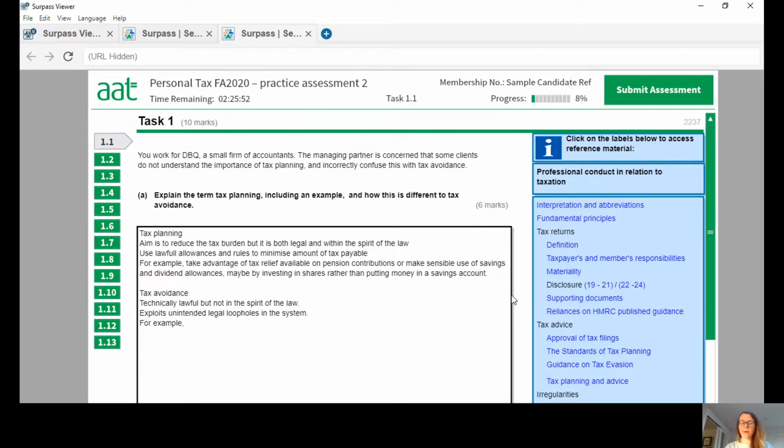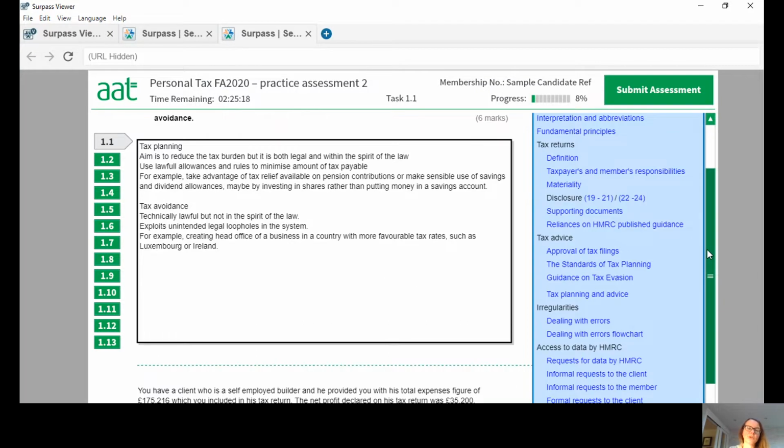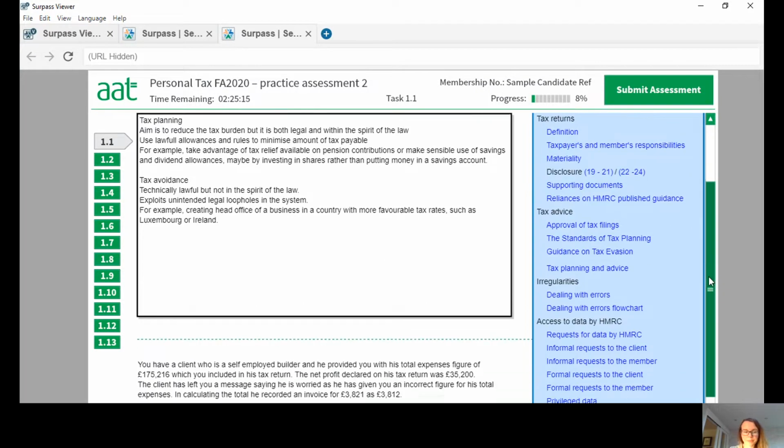For example, creating the head office of a business in a country with more favourable tax rules, such as Luxembourg. That's like Amazon. I won't mention any names. Is that how you spell Luxembourg? Or Ireland is another favourite one. Okay, so that's the distinction between planning and avoidance. Evasion, of course, is the one where it is not legal.